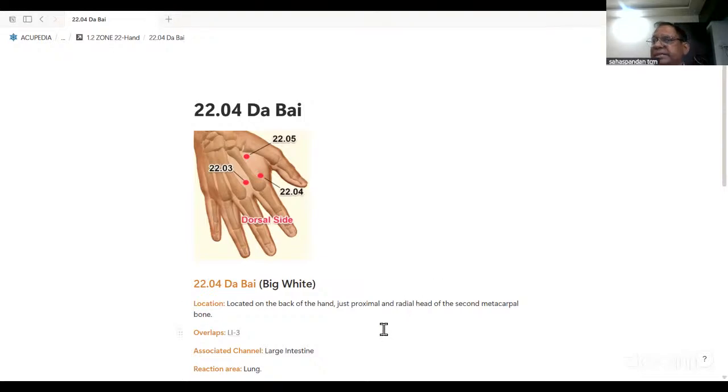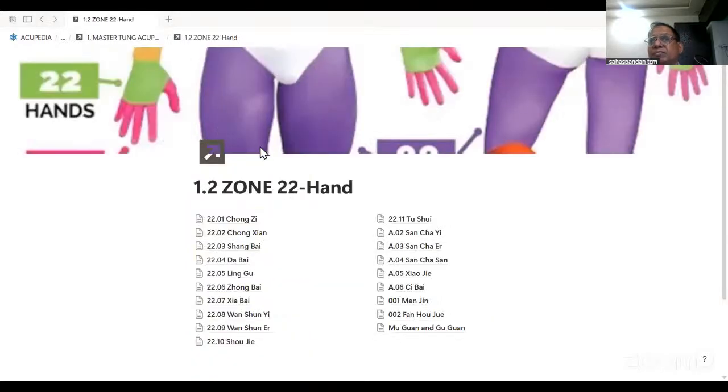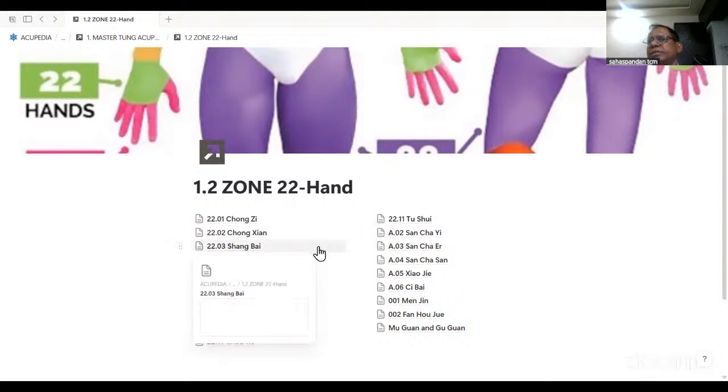Then the next point is the ST36. And ST36, you know the location of the ST36. And next are 77.22 and 77.23.